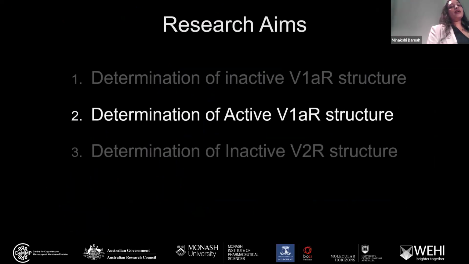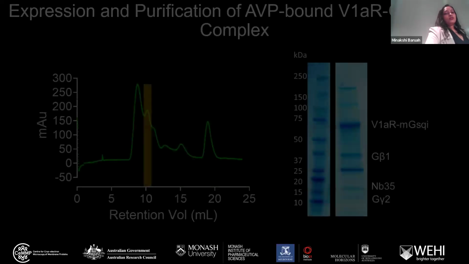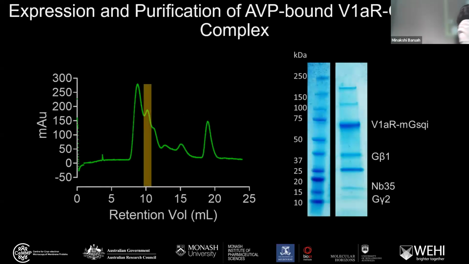Now, this brings me to my second major aim of my PhD, which was to determine the active state V1AR structure. So, as Alok already mentioned before, I also utilized and optimized different strategies using dominant negative Gq protein, the mini Gq, but I couldn't get a stable complex until I used the G protein mimic, which was the savior.